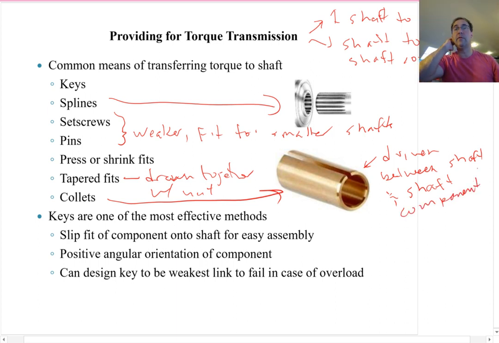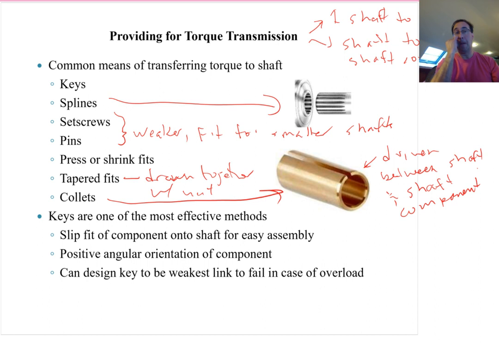I've used these myself. They're common in things like small pumps. Again, this is just relying on friction, and there's usually a collet driver, otherwise known as a slide hammer, that has a hole in it that goes around the shaft, and you drive that collet in between the shaft and the component.